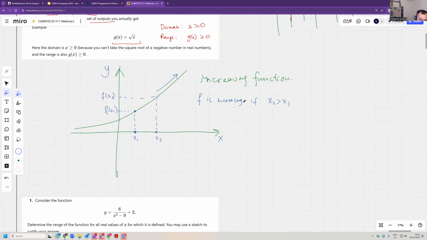The function is increasing, this is the equivalency statement, if and only if x2 greater than x1 implies f of x2 is greater than f of x1.